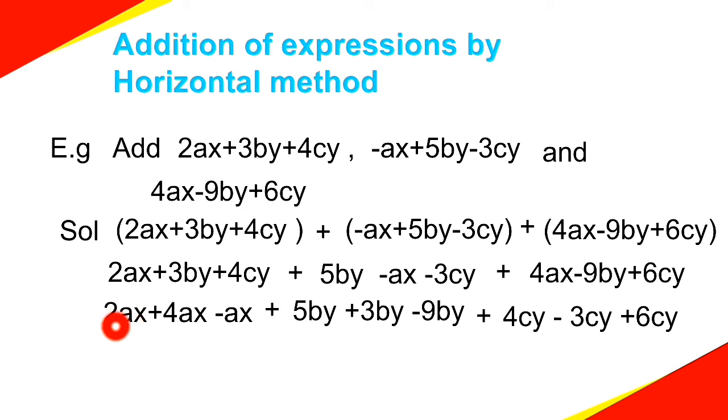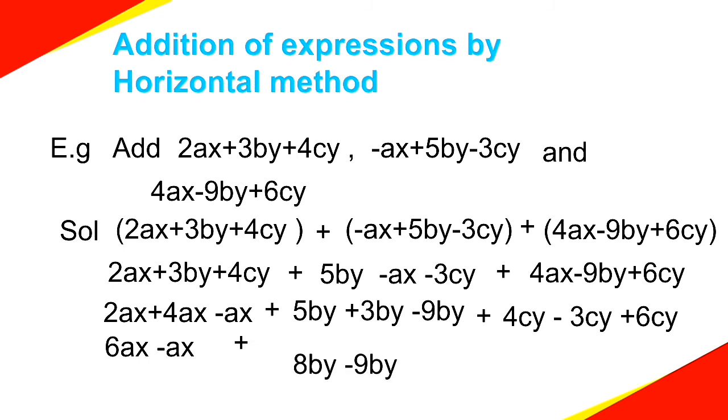Right, now we are going to solve the first one. Here we have 2ax plus 4ax. These two are same according to the BODMAS rule. First we have to do addition. So first we are going to add 2ax plus 4ax. 2 plus 4. How much? 6. 6ax minus ax. Next, 5by plus 3by minus 9by. Now in these three terms according to the BODMAS rule, first we have to solve the positive term. That is 5by plus 3by. 5 plus 3 how much?